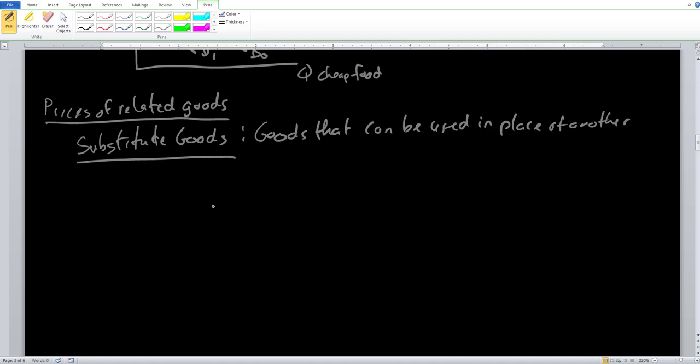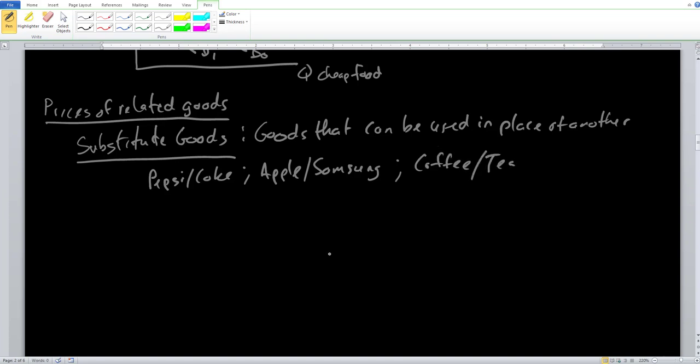And what are a few examples of substitute goods? You can say, hey, why not Pepsi and Coke? You can say maybe Apple and Samsung. What else can we say? Maybe coffee and tea. These are all examples of substitute goods.